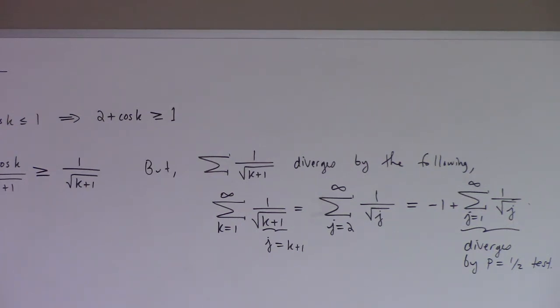I mean, that's all we've proved: 1 over j to the p, if p is less than or equal to 1, it diverges. If p is greater than 1, it converges. That's the p series result, not 1 over the square root of j plus 1. That wasn't what we had.